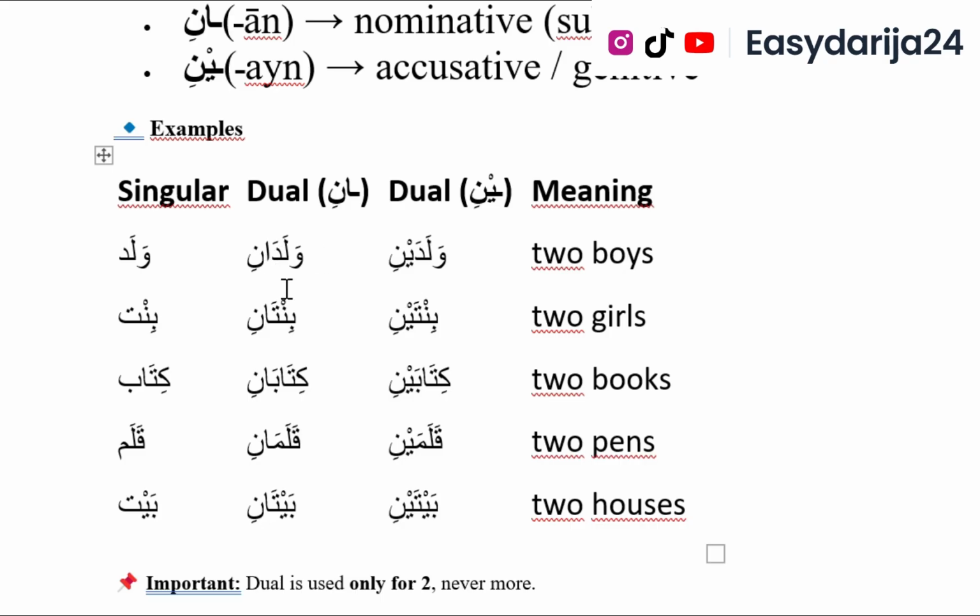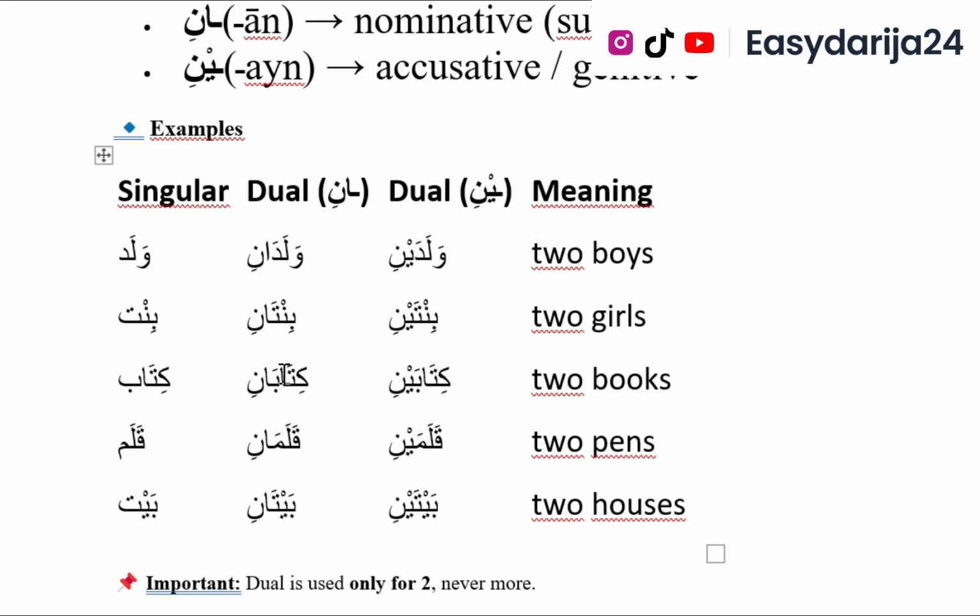Bint, bintani. The accusative form bintayni. بنتين.